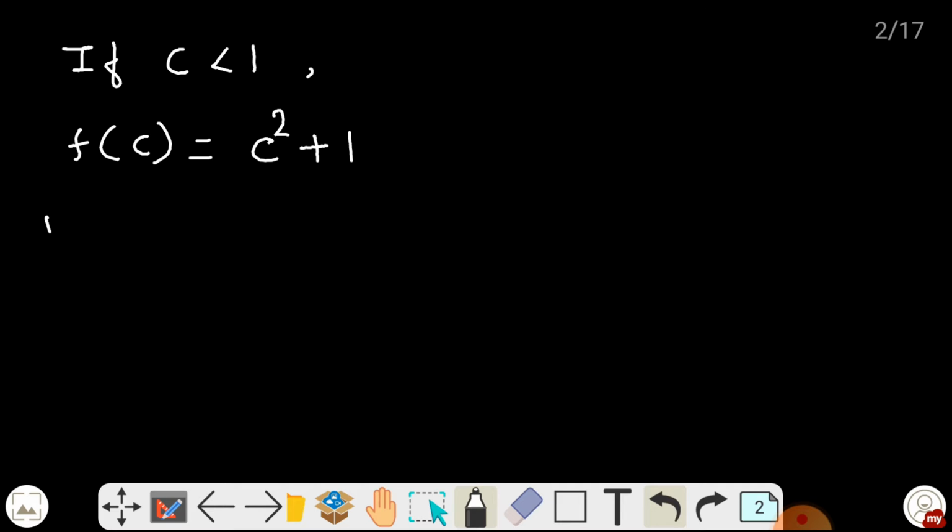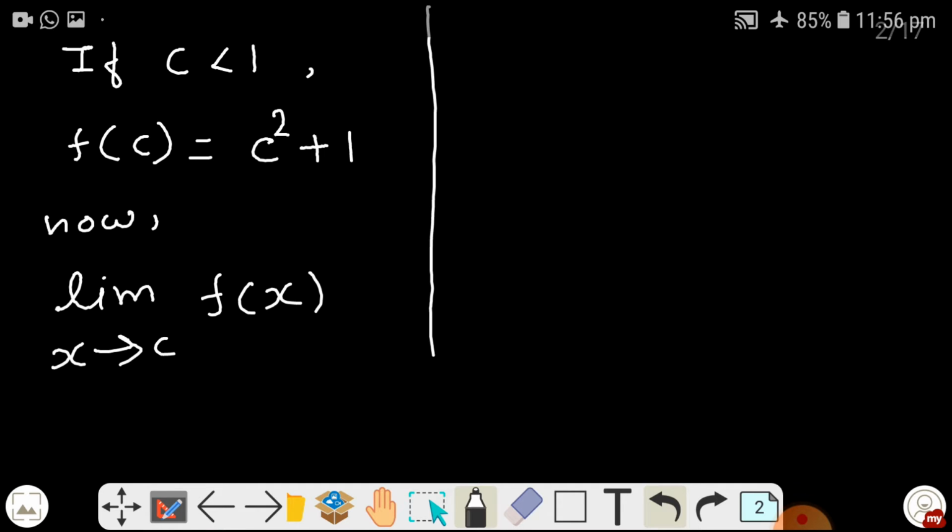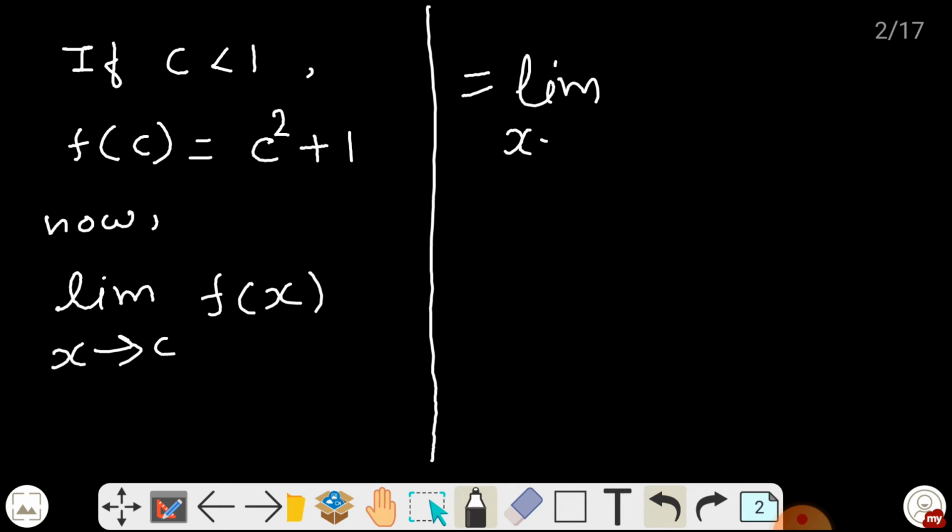Now limit x tends to c f of x is equal to limit x tends to c x square plus 1, which is equal to c square plus 1.